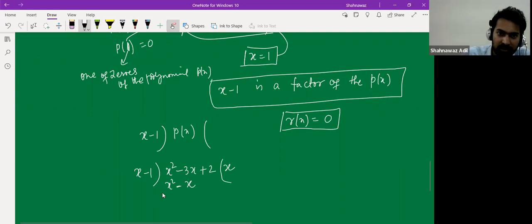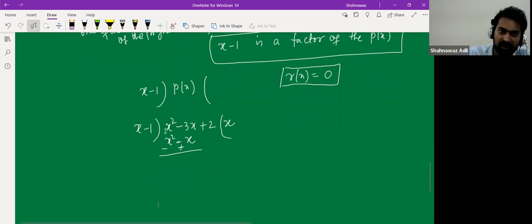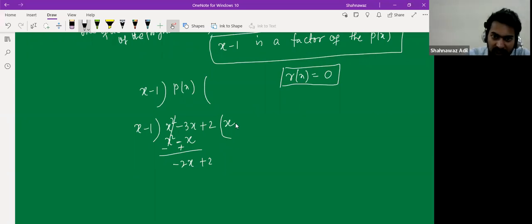So this is minus, this is plus, so this cancels out. And this is minus 2x plus 2. What should we multiply with x to get minus 2x? Minus 2.